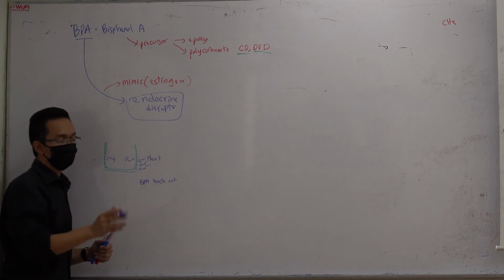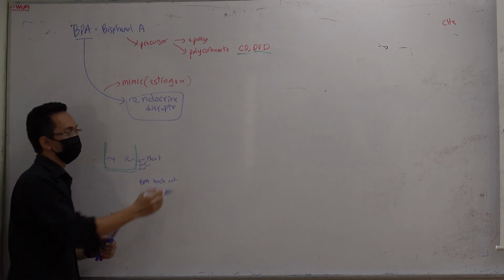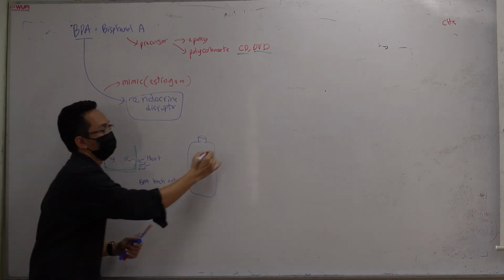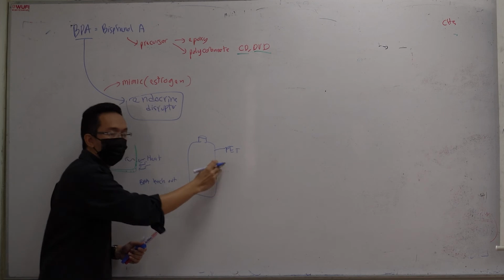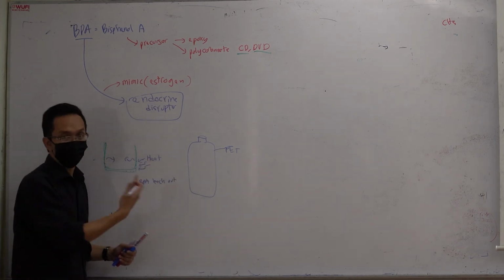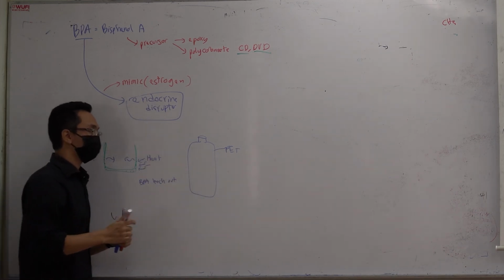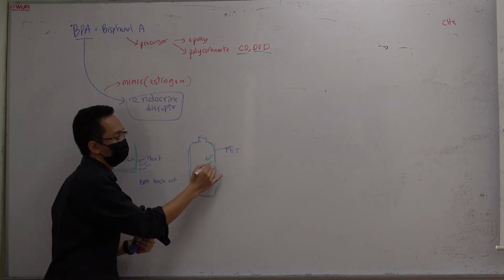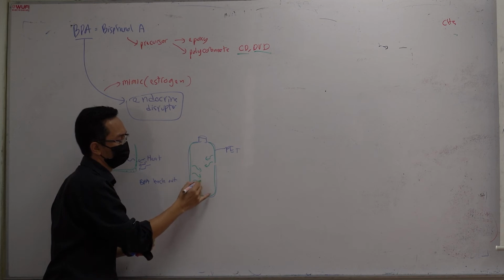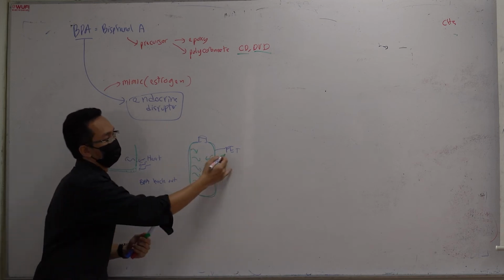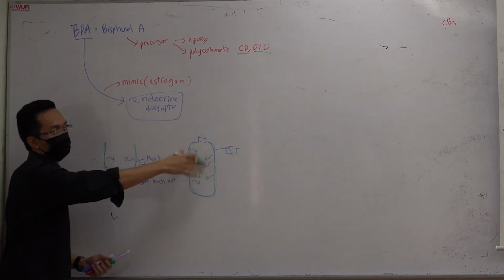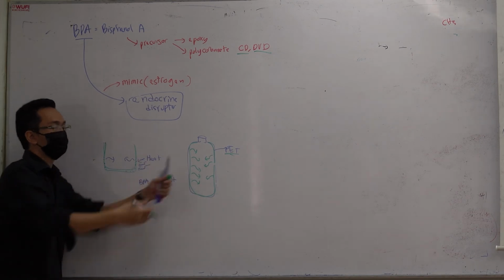Even if it's not BPA, let's say the normal plastic bottle, typically made from PET, even though PET doesn't have BPA inside, the chemicals from the PET itself can leach out. Even though they don't have any BPA inside, other things can leach out also.